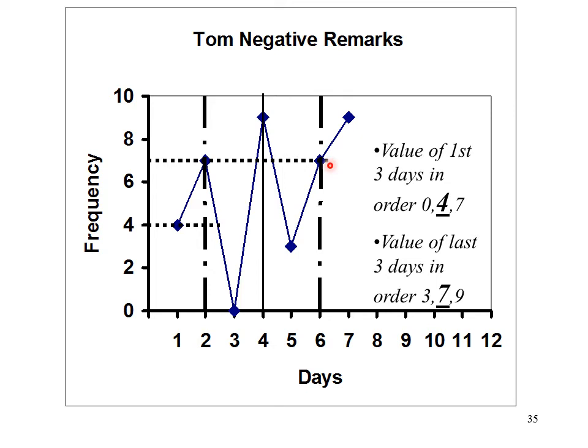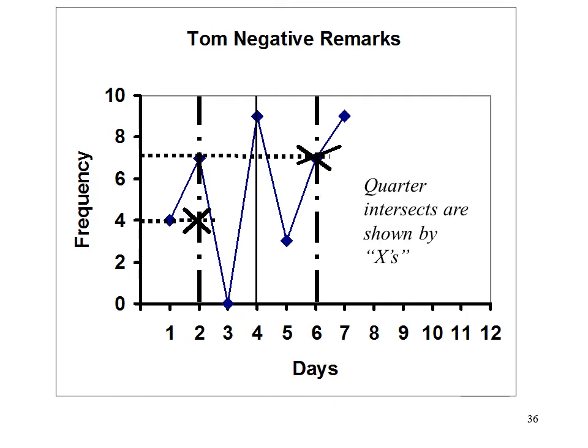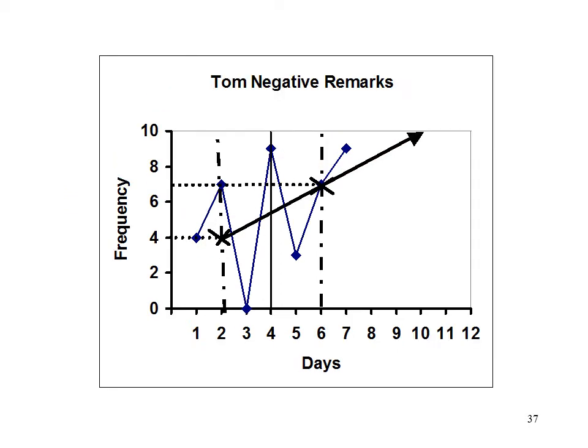We do that in both places, and then we indicate where our trend line will intersect, and then we draw our trend line, and voila, there we go. So this makes it a little clearer to us that we have a trend that's going up with these data, even though they're a little more variable.